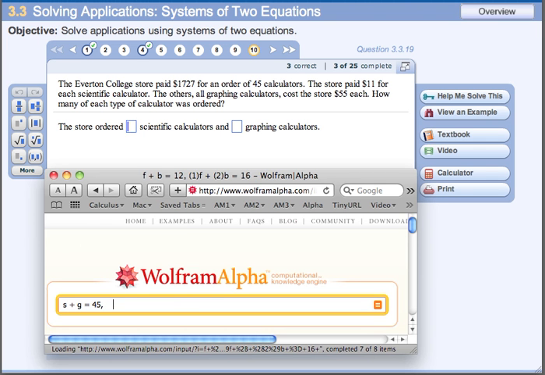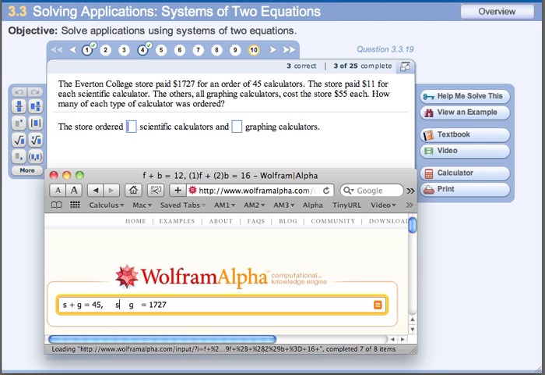And now we go hunting to decipher the second equation. And you know that they are going to use S and G somehow, and whatever other information is there. In this case, it has to do with dollars. So S and G something is going to equal, and what does that say up there? The store paid $1,727. So the second equation is going to use the actual money paid.